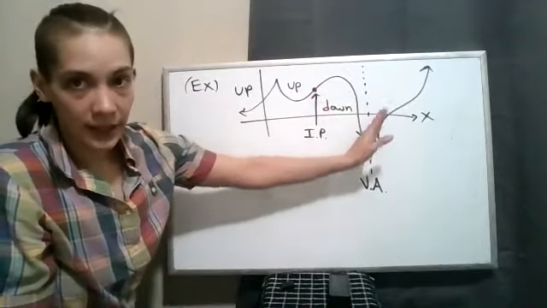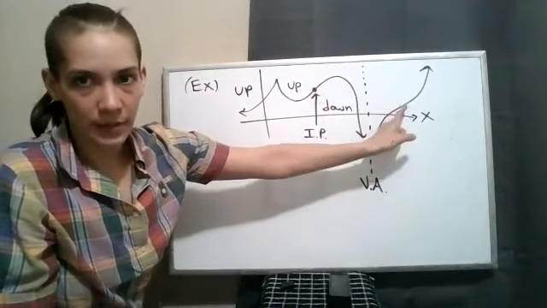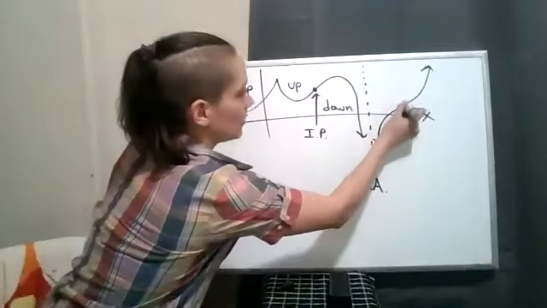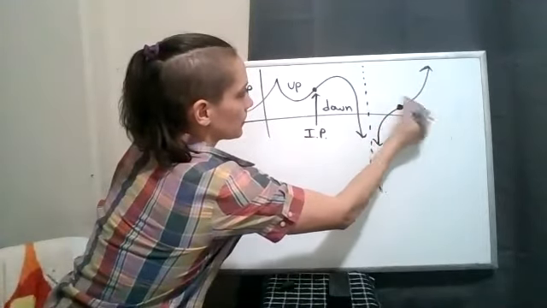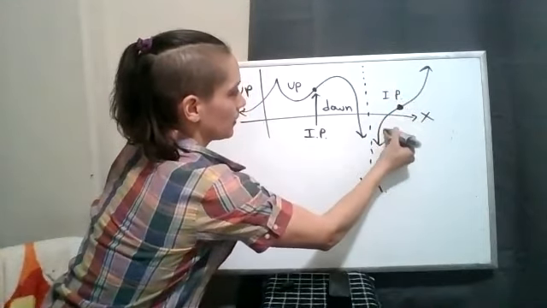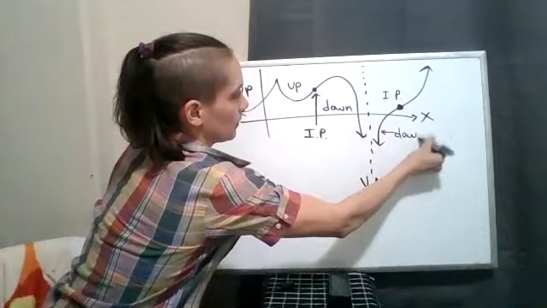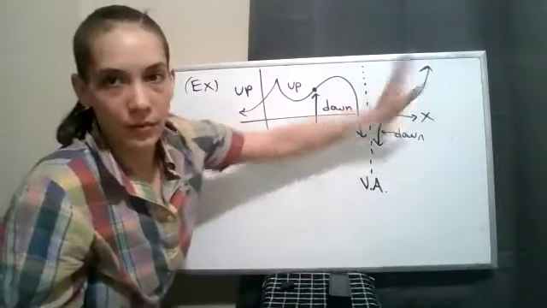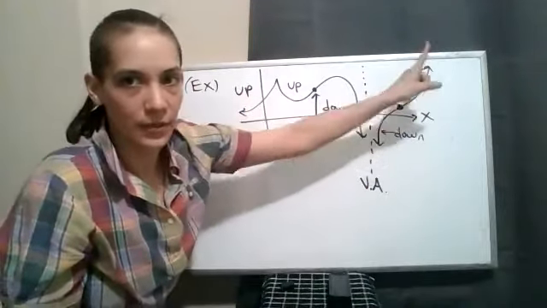Then this is concave down until an inflection point right about there. And from the inflection point over is concave up.